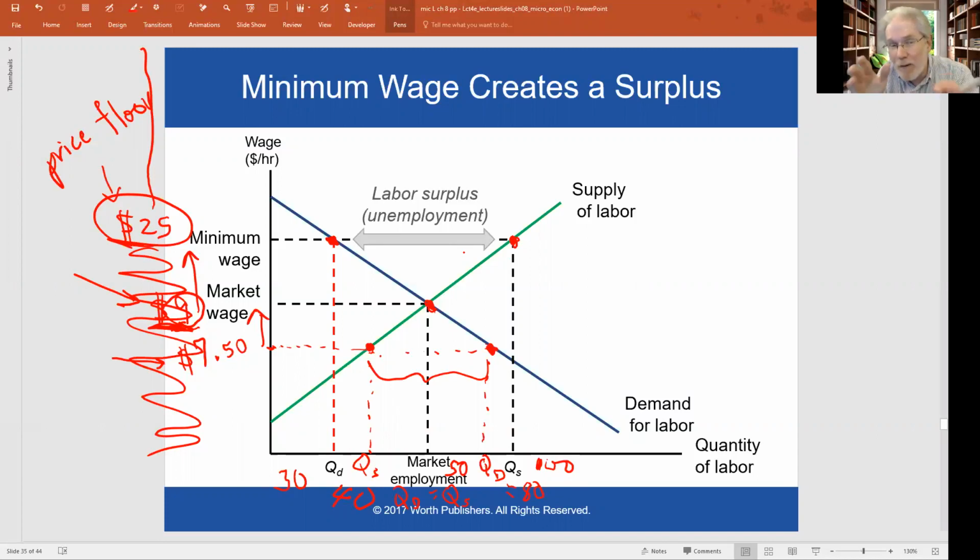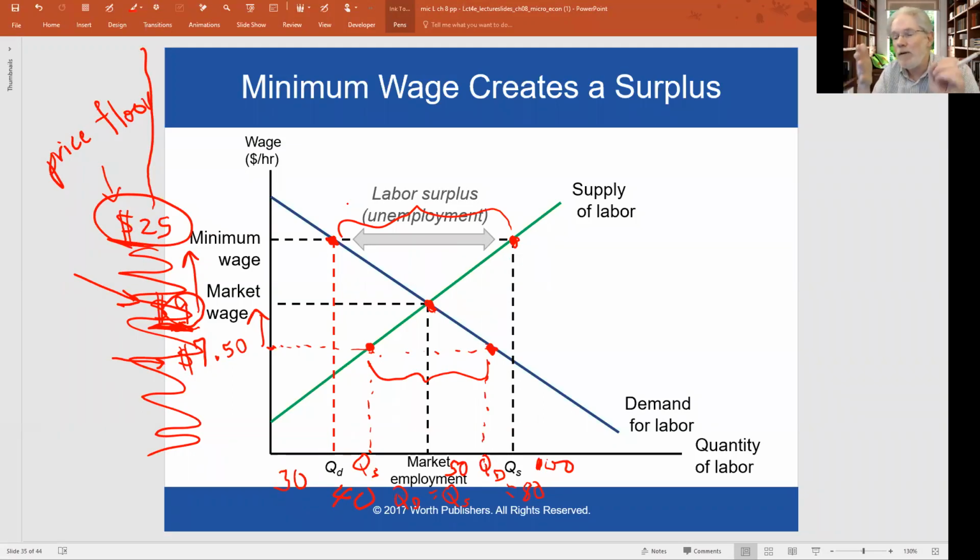Okay, so at a $25 wage, and these numbers are hypothetical, I'm not saying these represent the actual magnitudes, but given these numbers at the $25 per hour wage, you've got 100,000 workers willing to supply their labor. You've got 30,000 jobs. So this gap between the two, in previous examples, we taught that would be the surplus of the product.